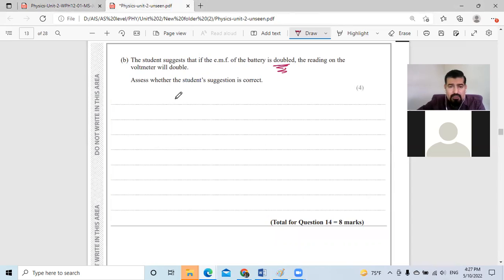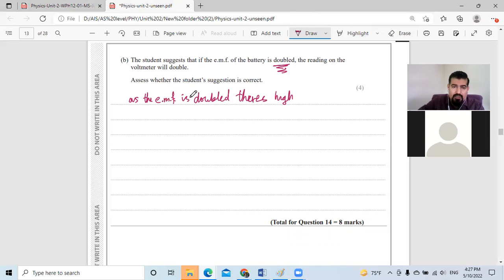So if I'm going to write it down, what I'm going to say is: as the potential difference is doubled, as the EMF of the battery, or the potential difference of the battery, you can say whatever you want, you can say it in both ways.